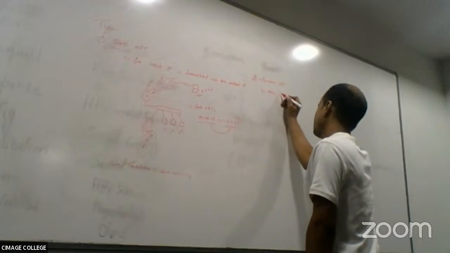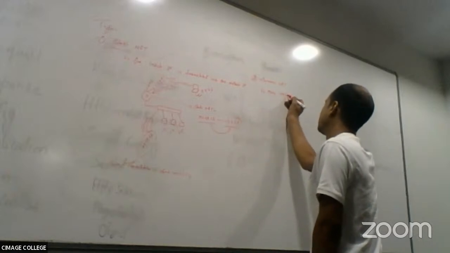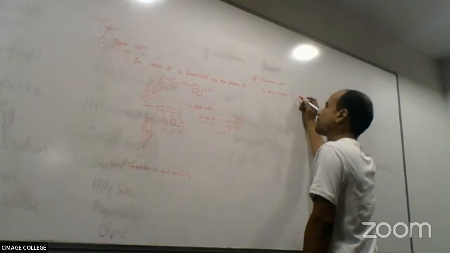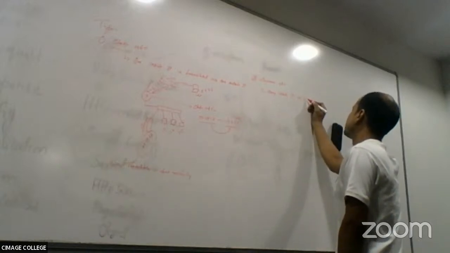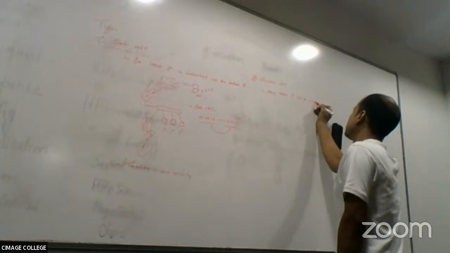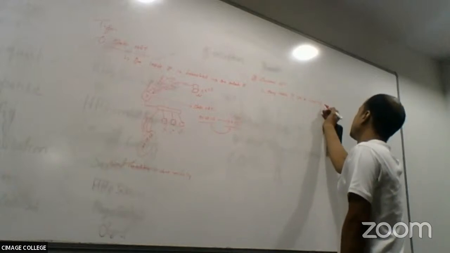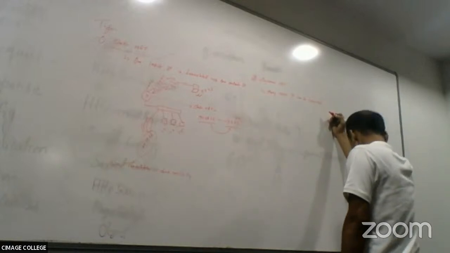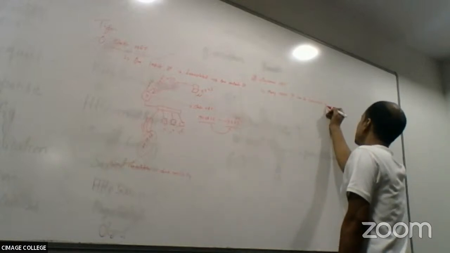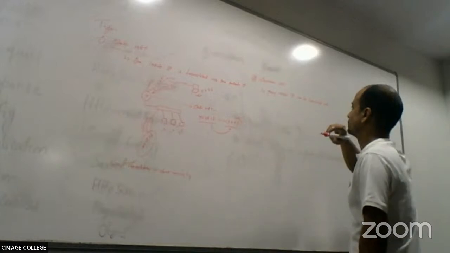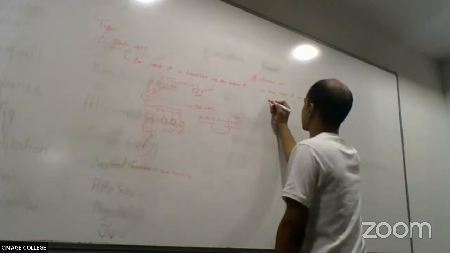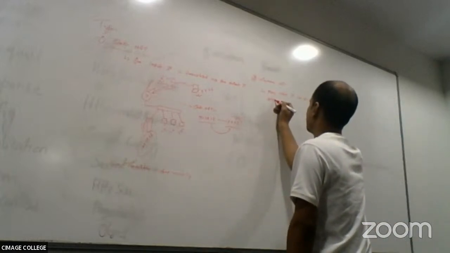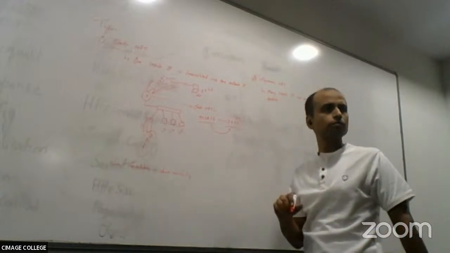Then how? Look, in dynamic NAT, many inside IPs can be translated into separate outside IPs.